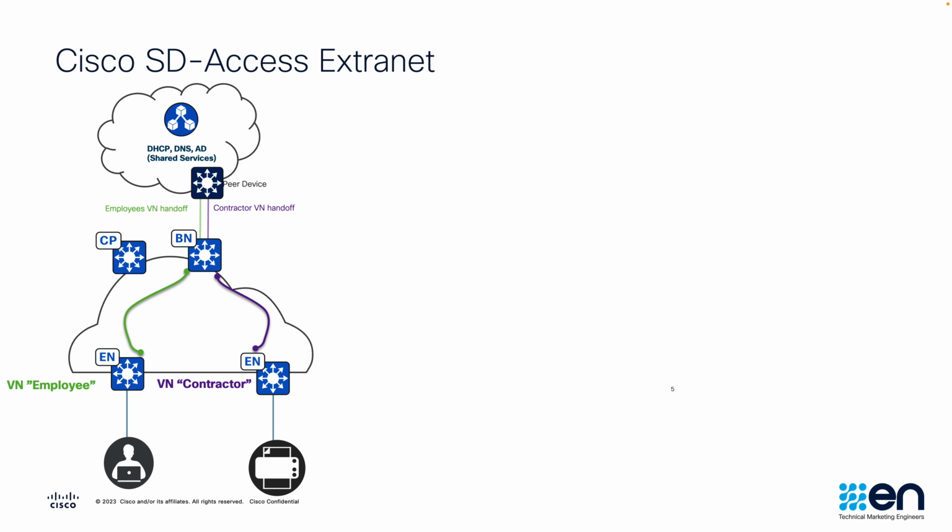This expansion is achieved through the utilization of eBGP, which is automatically managed by the controller, our DNA Center. So we simply need to ensure the configurations on the border node and the peer device are aligned. Although the peer device is not owned by the controller, the DNA Center templates can be utilized to automate the configuration process if desired.